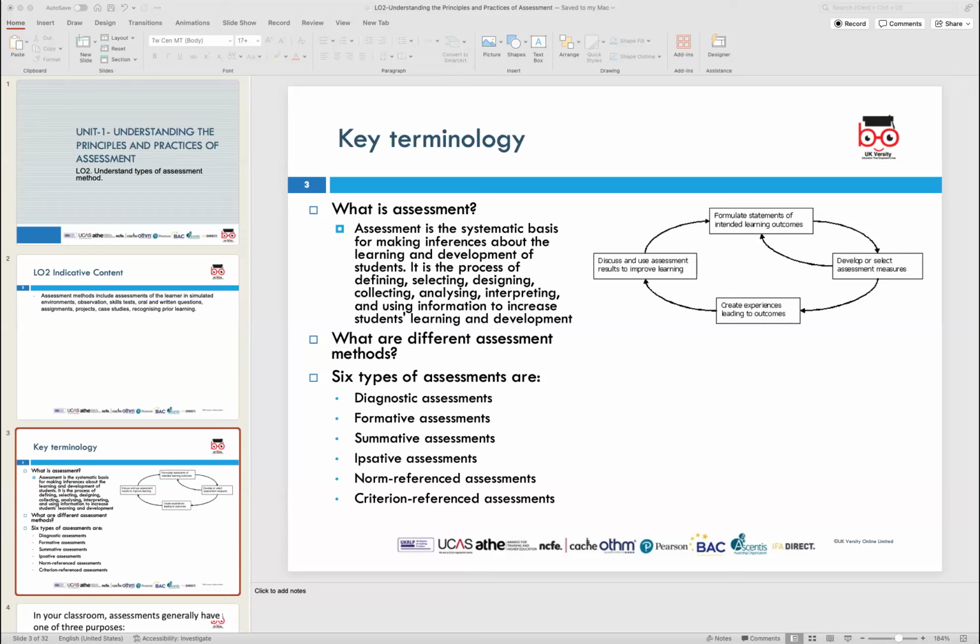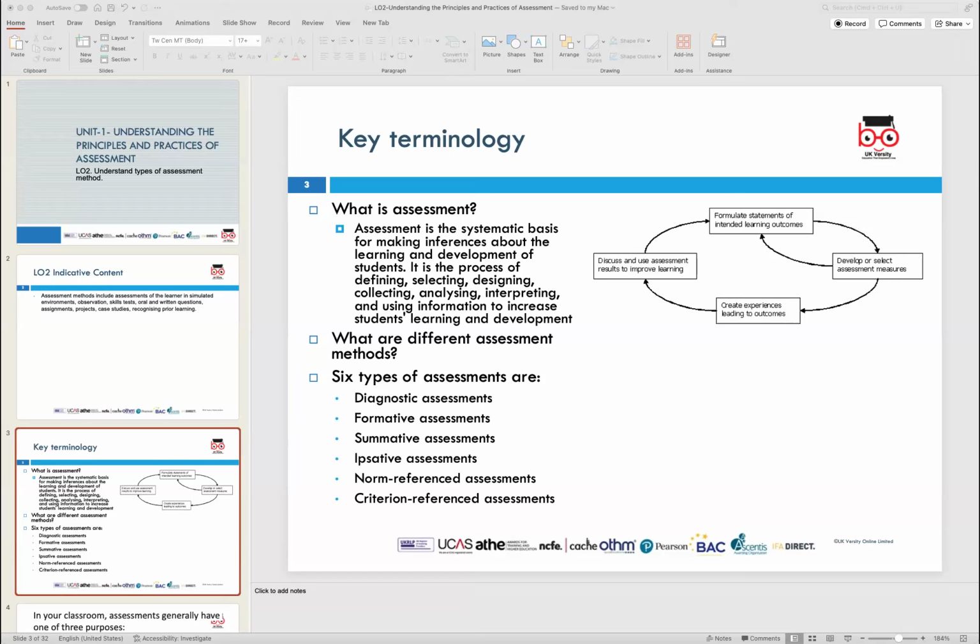This tends to have a higher stake than formative assessment because this is where the final judgment on what the student has produced or submitted is made. It provides a conclusion to the element of teaching and learning, saying that the student has achieved this unit or this program, and with the following grade.